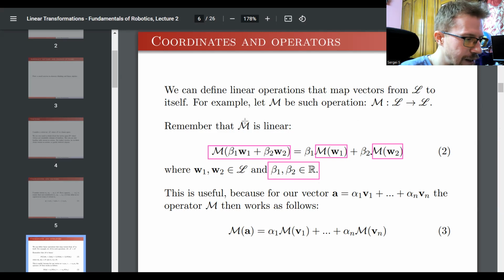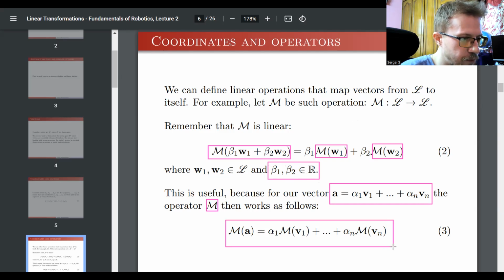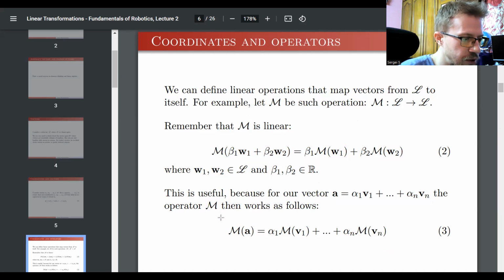Now, this is useful because now for our vector A, which you remember is alpha 1 v1 plus alpha 2 v2, etc., we can use this operator to perform an operation on it, and it will turn out like this.